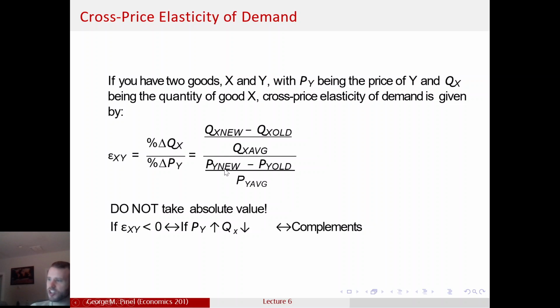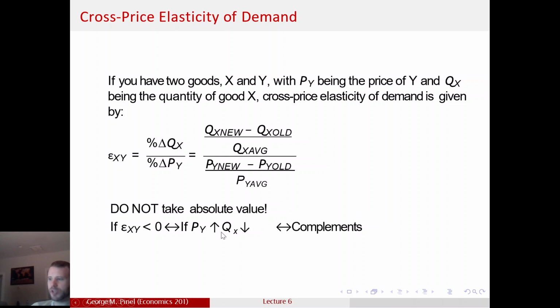You can see this because new minus old is the change. So if the change in the numerator is negative, that means less people buy, and if the denominator is positive, that means the price has increased. So if less people buy good X because the price of Y increased, then the goods must be complements by definition. Let me repeat that.